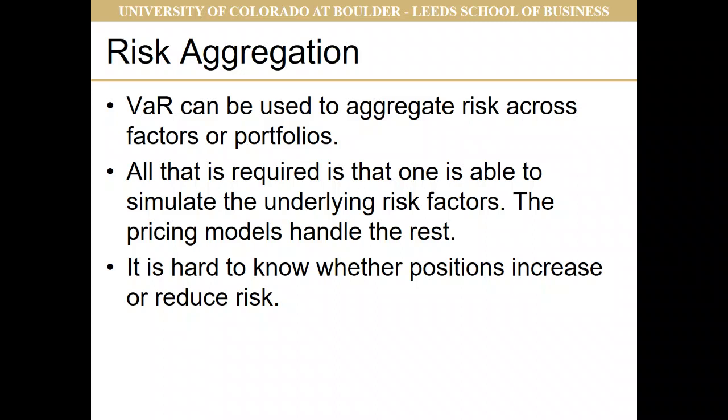We used this in a trading operation. For example, if I'm a senior manager on a trading desk, I might have lots of individual traders. Those individual traders might have individual value at risk limits. And I, as the senior manager, might have a value at risk limit for the entire business. Depending on how my traders behave, if they're all taking similar kinds of risks in similar sizes, the value at risk across each individual portfolio is going to add.